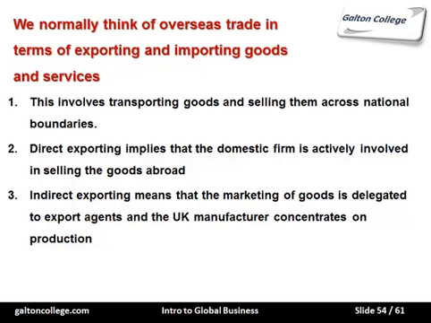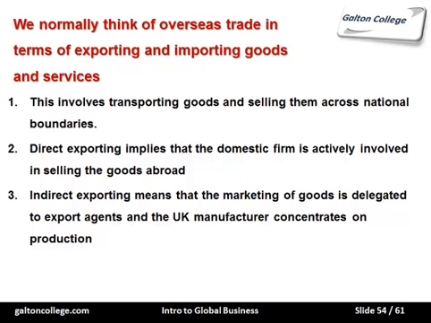Indirect exporting means that the marketing of goods is delegated to export agents and the UK manufacturer concentrates on production. So we have two types here, when we think of international trade and we're going down the exporting route, not necessarily establishing in another country.